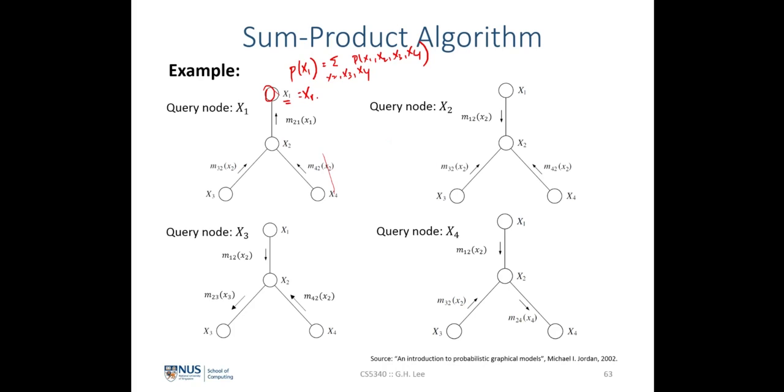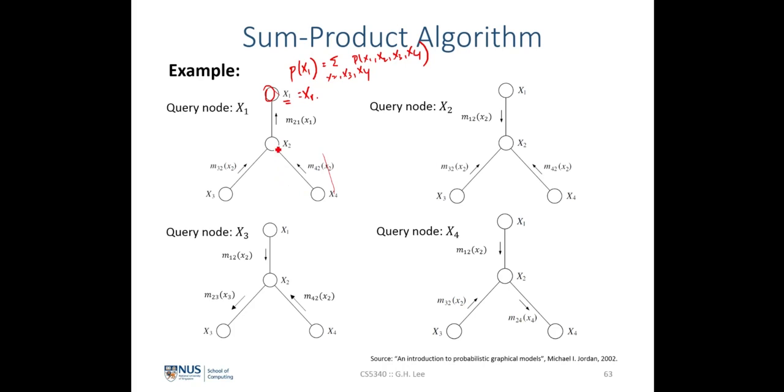And we can start the variable elimination by passing messages from the leaf nodes upward to the root node. So in this case here, 3 and 4 would be the leaf nodes. And in order to do this, we would have to first compute intermediate messages M32 and M42 by eliminating away X3 and X4 respectively.